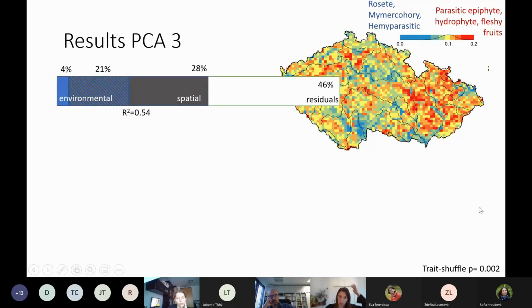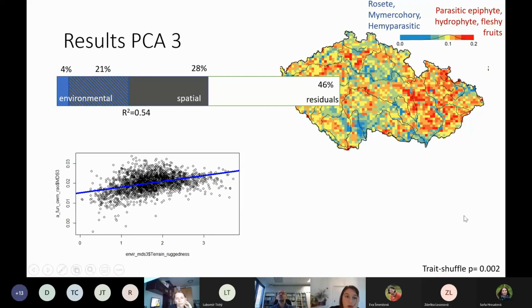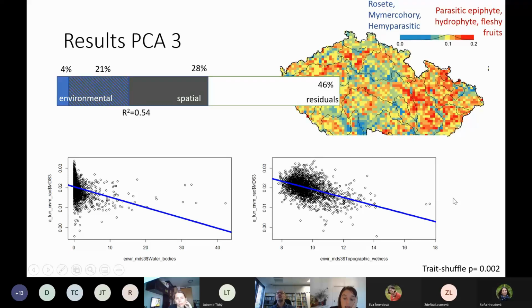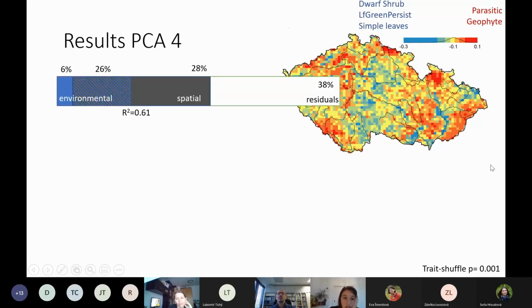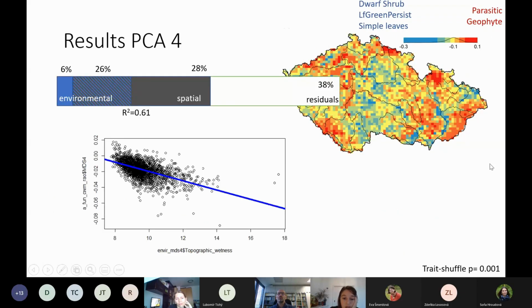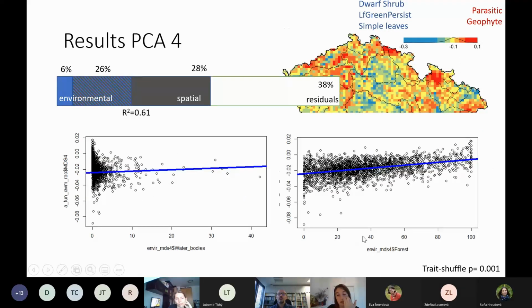For PCA3, we also have the water bodies and the topographic wetness. And for PCA4, we again have the topographic wetness, water bodies, and forest.